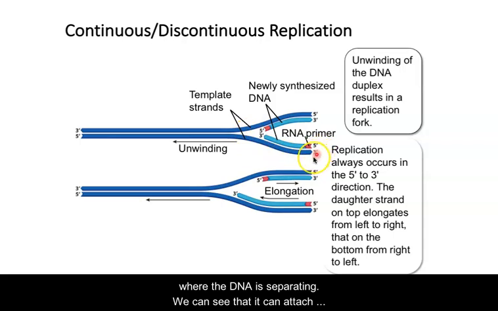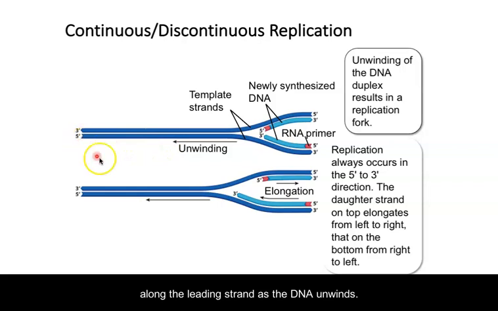And we can see that it can attach its RNA primer, which starts the process of replication, and just keep adding nucleotides on all the way along the leading strand as the DNA unwinds.